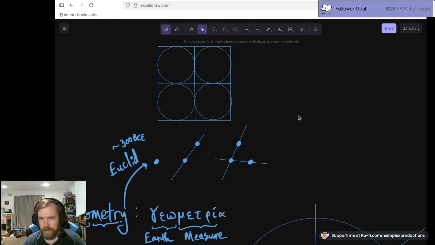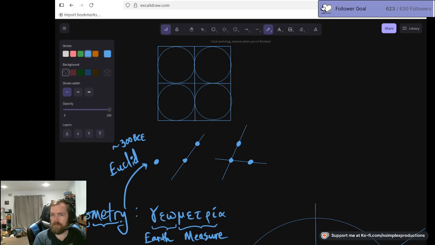Should definitely look these up. But there was a Babylonian clay tablet that was found.